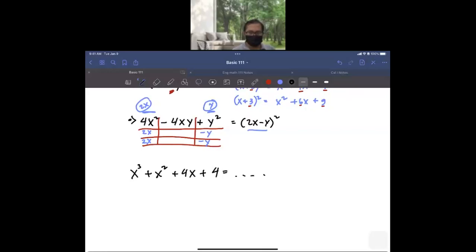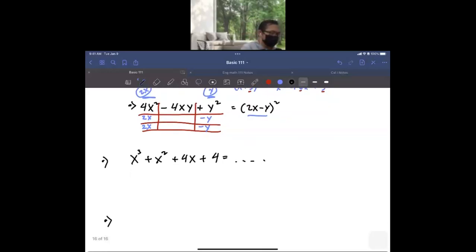Let me give you two questions. The second is x cubed minus 2x squared minus 9x plus 18. It's a little bit tricky to get the factors.